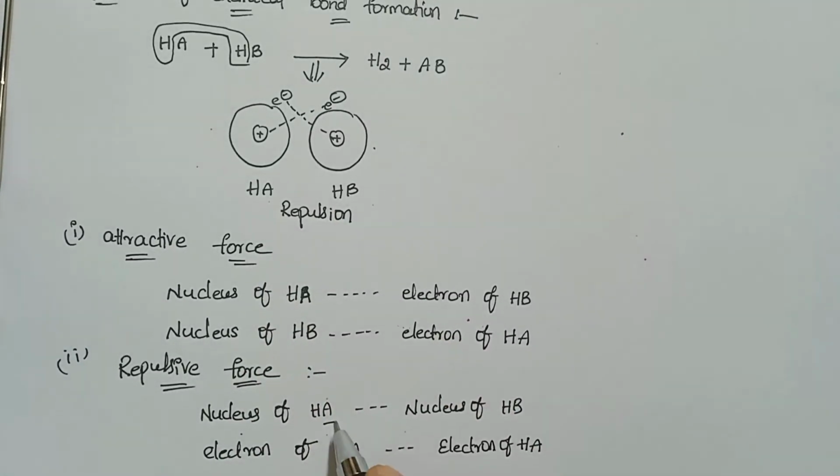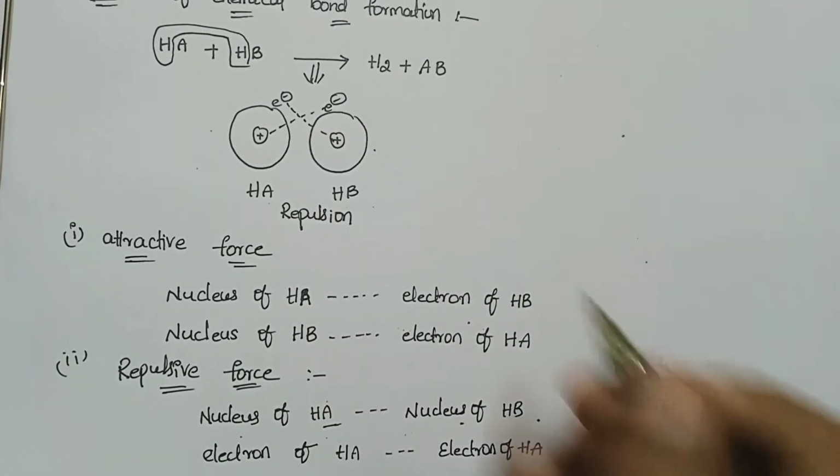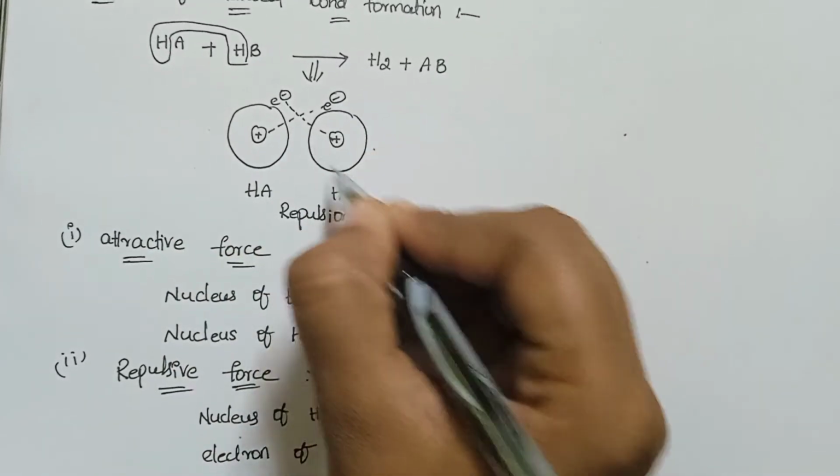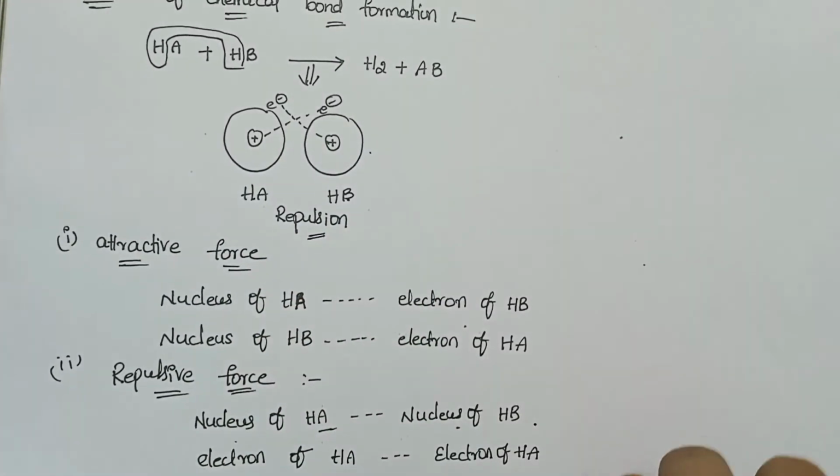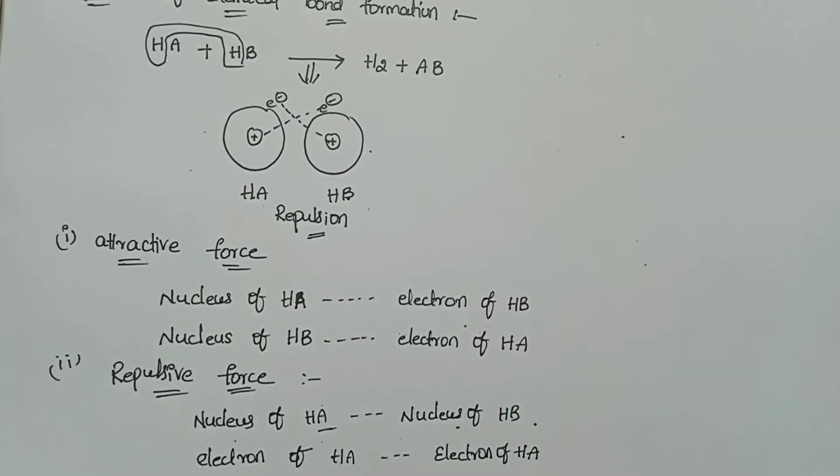So between nucleus of HA and nucleus of HB, it occurs repulsion.